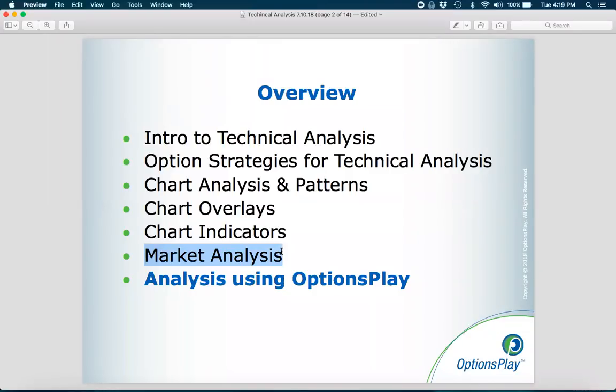And that's really the most important piece. I want you to learn what type of option strategies are suitable for each form of technical analysis, and more importantly, how to analyze option strategies for your form of technical analysis using the free tools available through OptionsPlay.